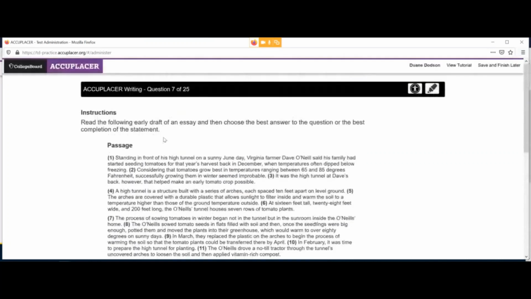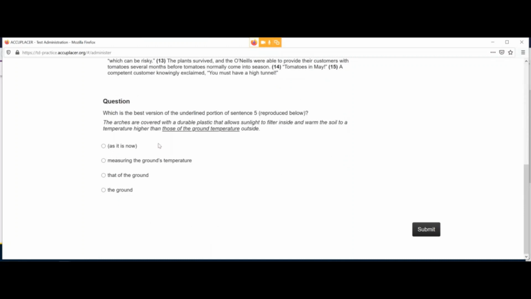This is question number 7, just trying to keep track of our time here. And the problem here is a grammatical issue which might be a little difficult for you to figure out. What I always do when I'm taking a test like this is read the sentence itself, even without the choices, and see if I can figure out a problem.